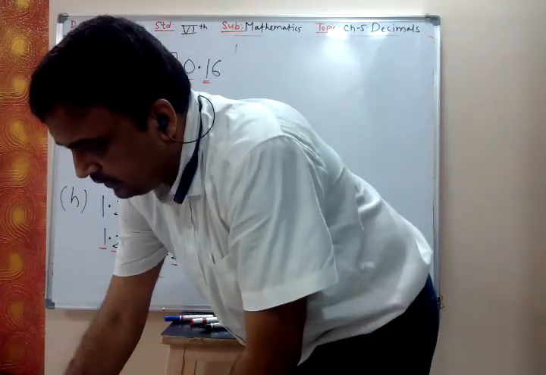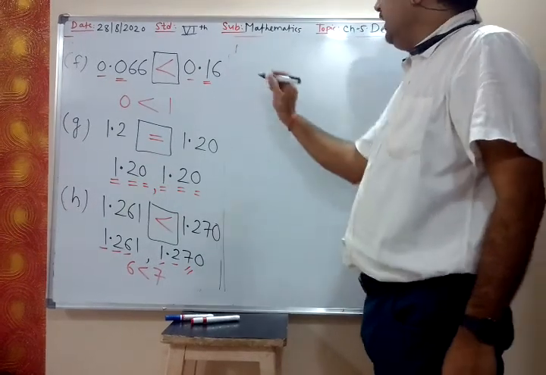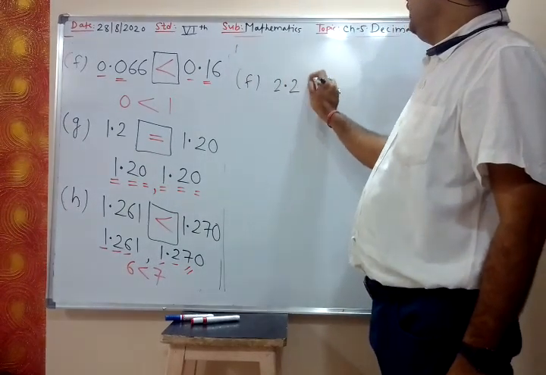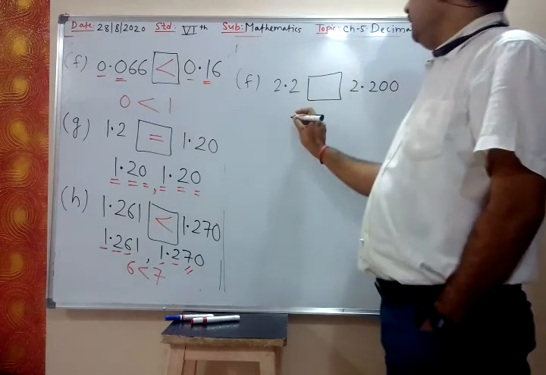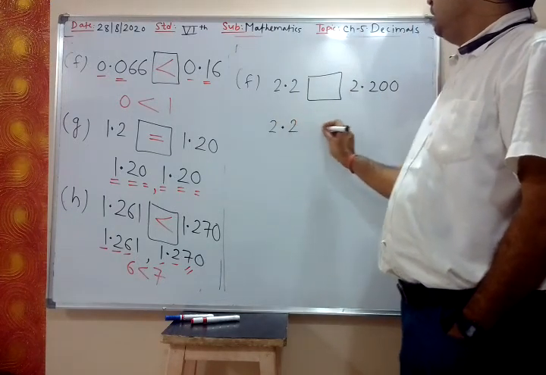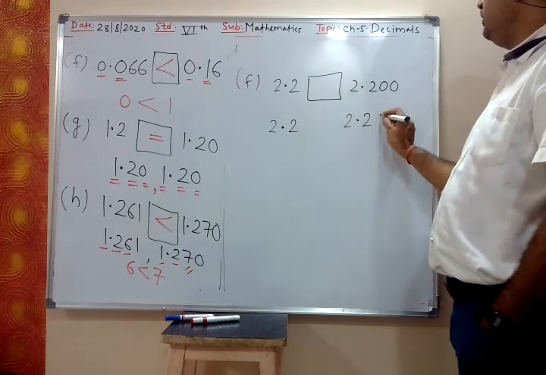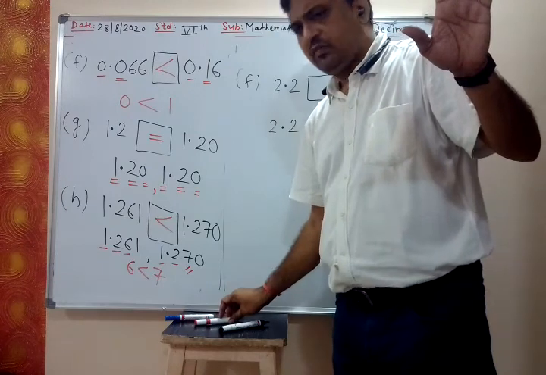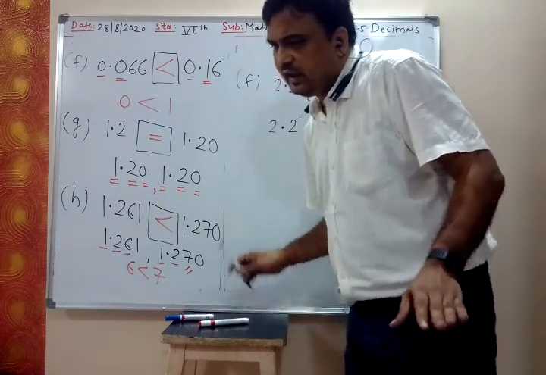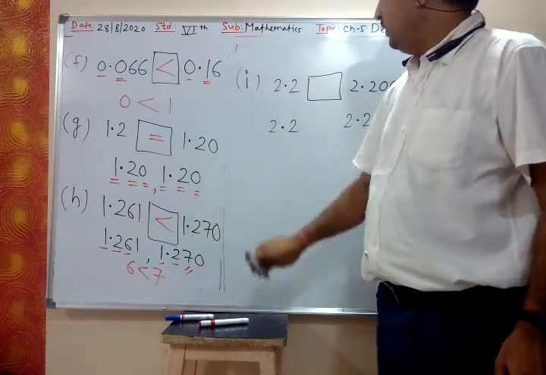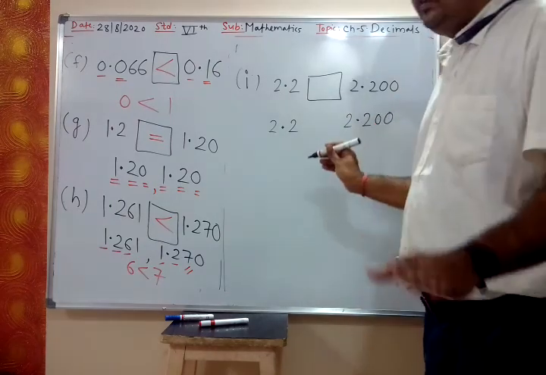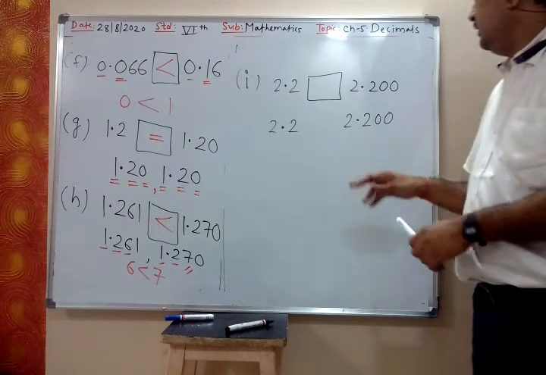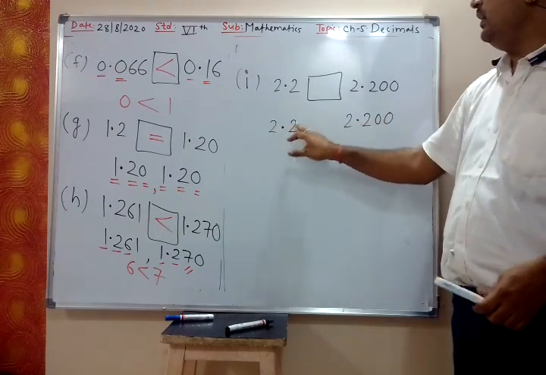See here, we have to convert them into like decimals. After the point there are 3 digits, and after the point there is 1 digit.